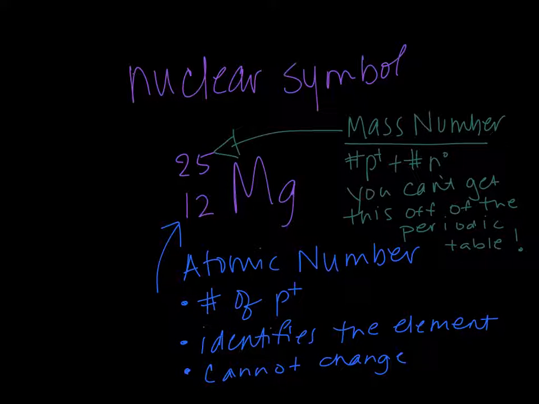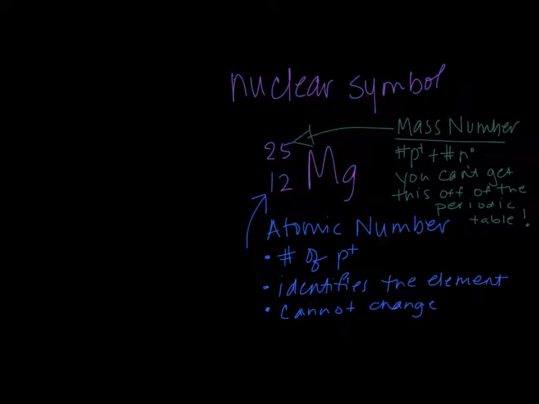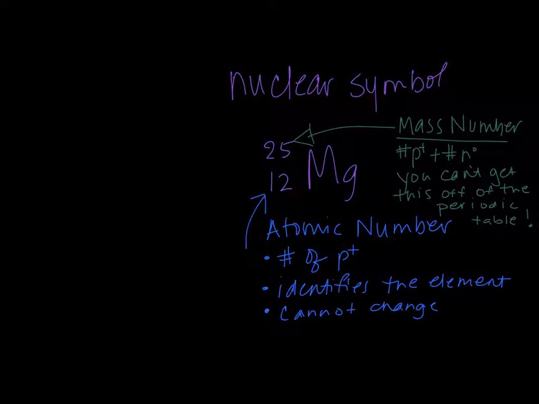Okay, so if I shrink this stuff down a little bit and move it over, let's look at this stuff. And so how many protons would this element have? It's got 12 because the atomic number is 12, and so it's going to have 12 protons.